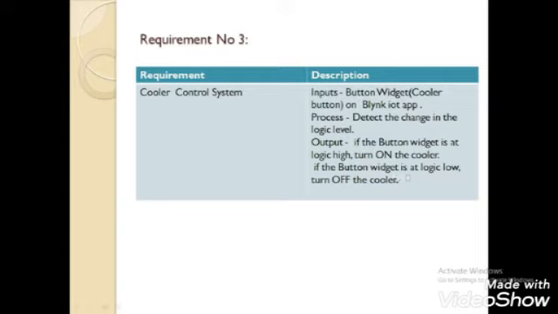If the button widget is at its logic low, turn off the cooler. Simply we will be creating a button on the Blink IoT app. If the button is on, we have to turn on the cooler, and if the button is off, we have to turn off the cooler. And simultaneously we will be displaying the cooler status on the CLCD as well.